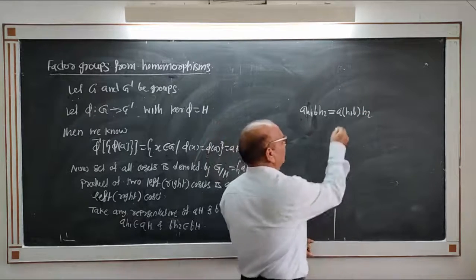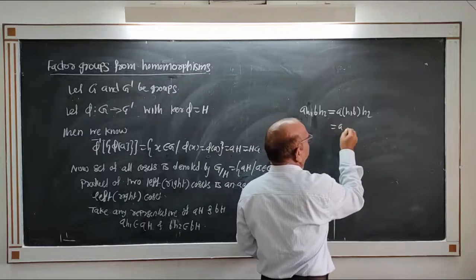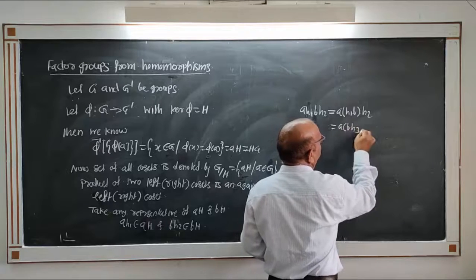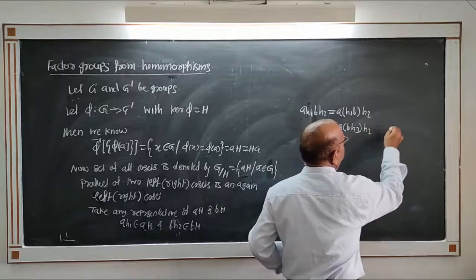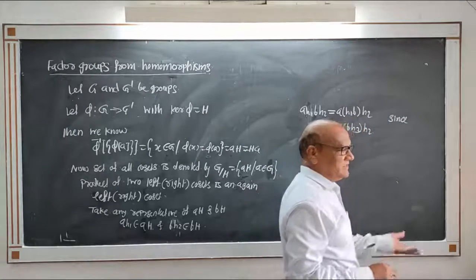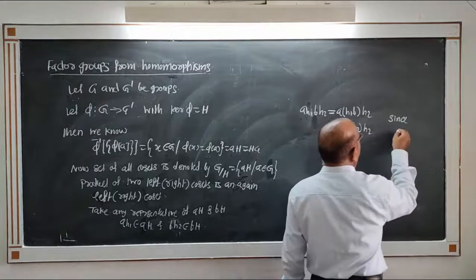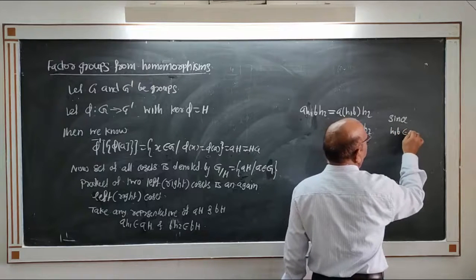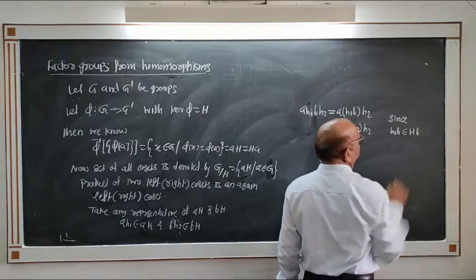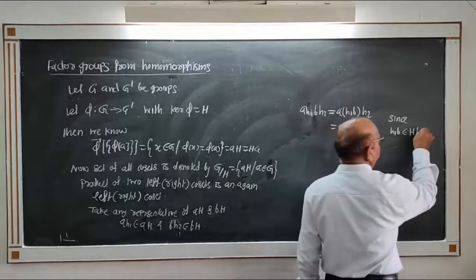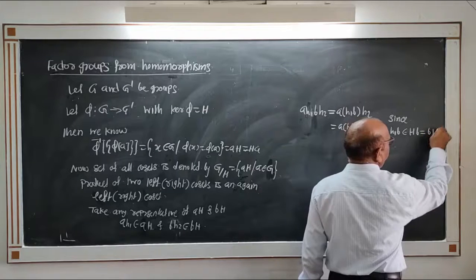Okay, this is equal to a, bh3, h2. Since here the left coset is equal to the right coset, h1b belongs to Hb, which is bH.